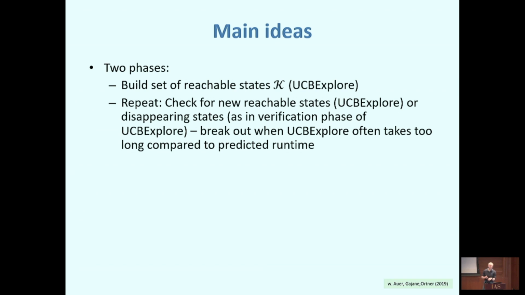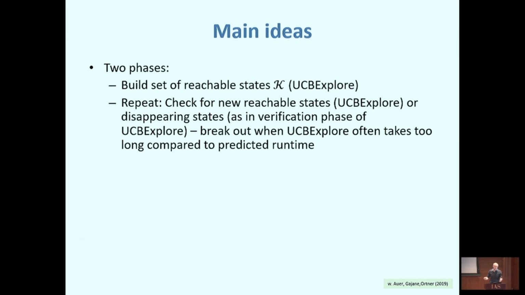So that's the checking phase. And so the agent is going to do that. For the checking phase, to check whether any new states appear, it basically has to repeat the building process, right? It has to try to discover new states which are reachable.